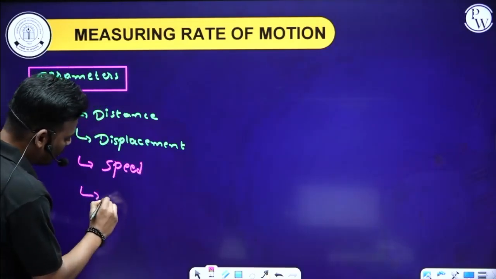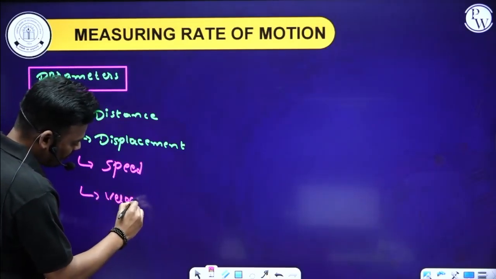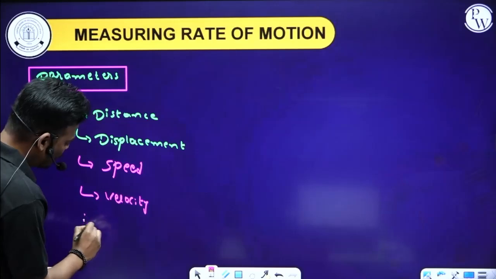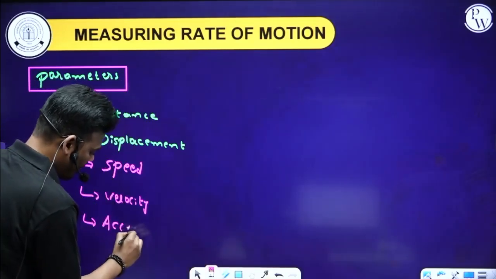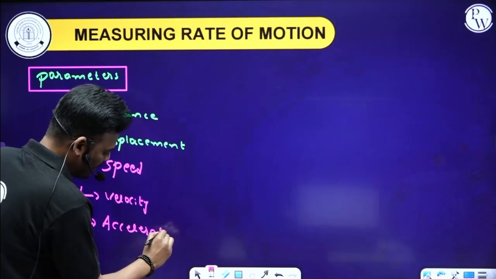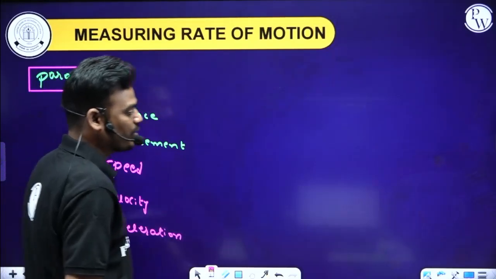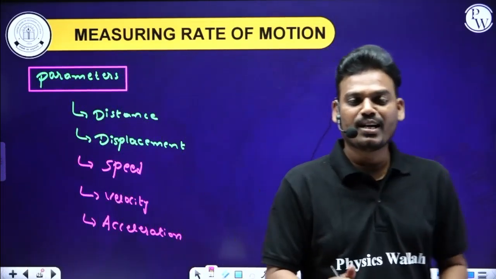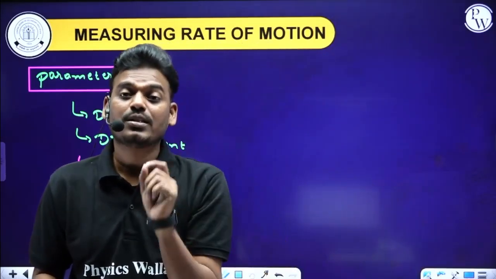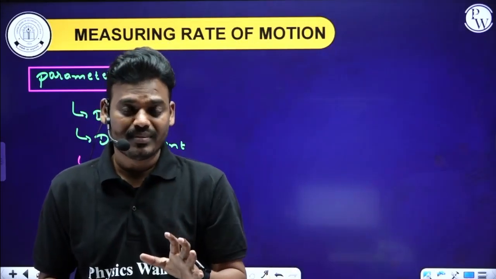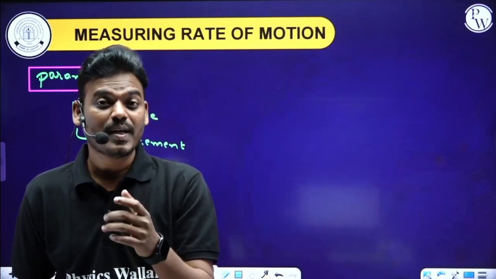Speed or velocity. And the last one is acceleration. So these are the parameters related to motion. And the rate of motion, how do you measure? That is using the speed or velocity of the body. Then let's try to understand speed and velocity.